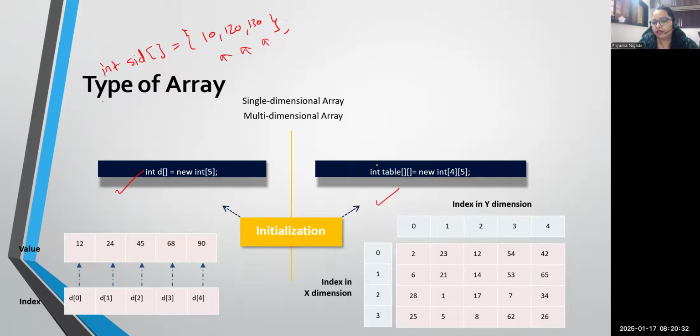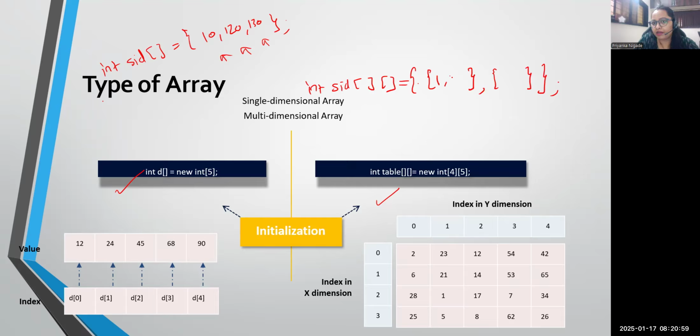Got it? When it comes to a multi-dimensional array, how are you going to create it? For example, I'm designing the same integer SID, but this is multi-dimensional, so you need to write two brackets. Then you can write simple curly brackets. One row represents one set. Suppose this is row number one, row number two, and then your set is completed, and there you can write your data.